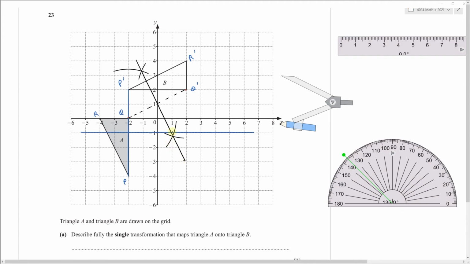Now they intersect at this point here, the blue one, which is for P and P prime, and the black one, which is for Q and Q prime. These two line bisectors intersect at 1 and -1. So now this is your center of rotation. Let me just erase the rest of the stuff.